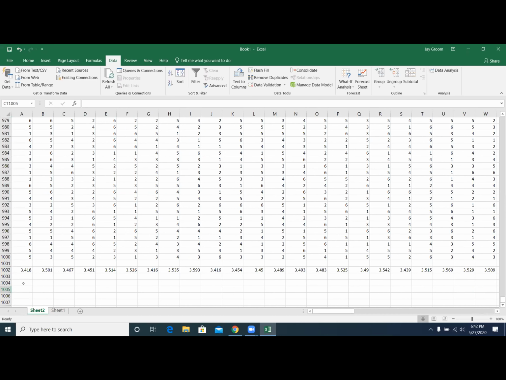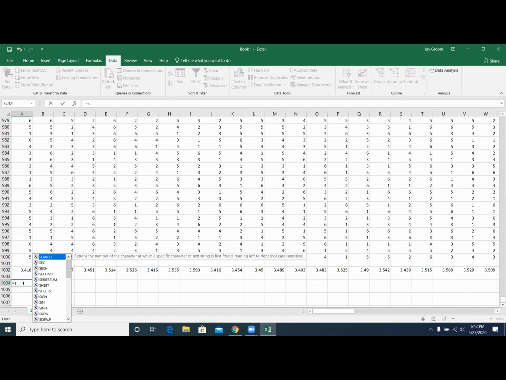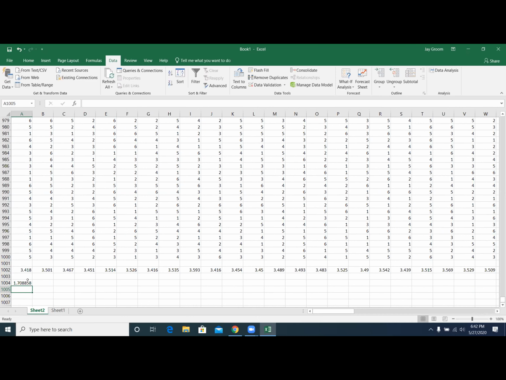Now, I wonder what the standard deviation is. The standard deviation for this column, let's find out. A1 colon A1000. Boom. And it's 1.7-ish.